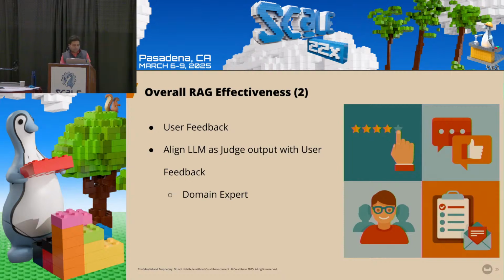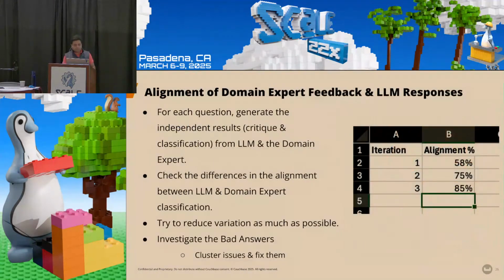And one of the ways that you can do it is by using a domain expert. So now for every question you have a critique and classification from both the LLM and a domain expert.